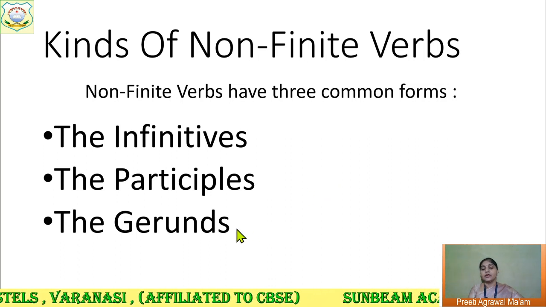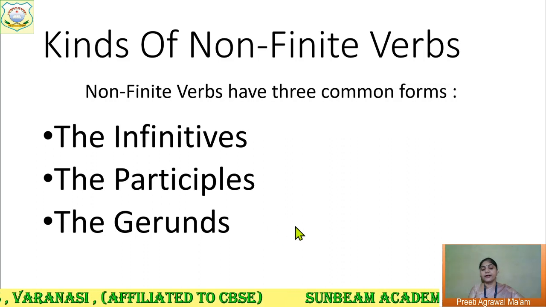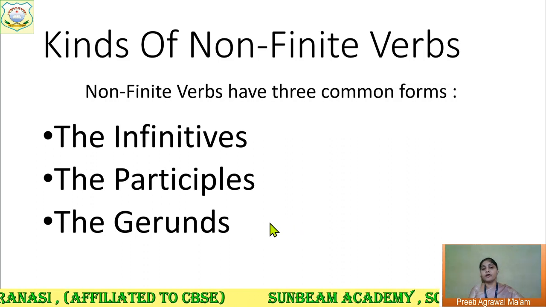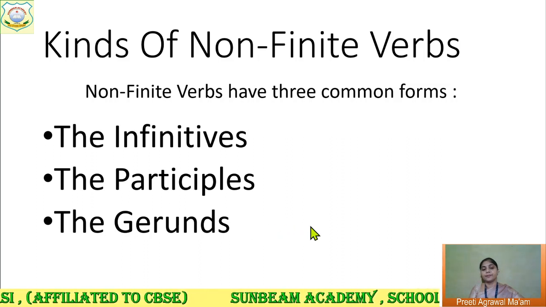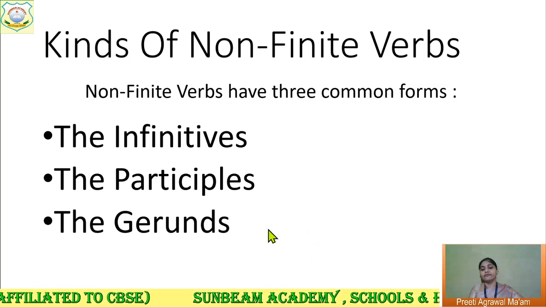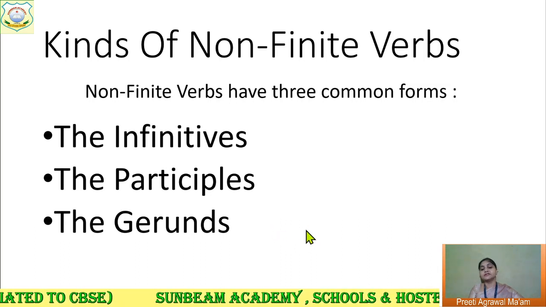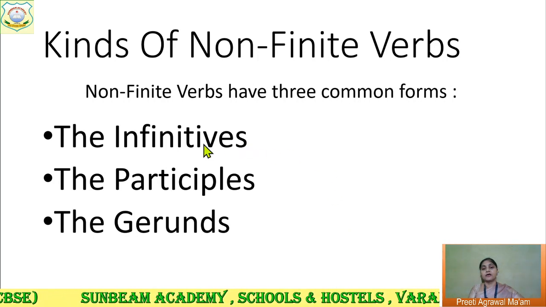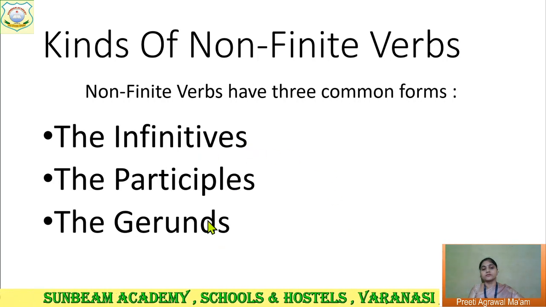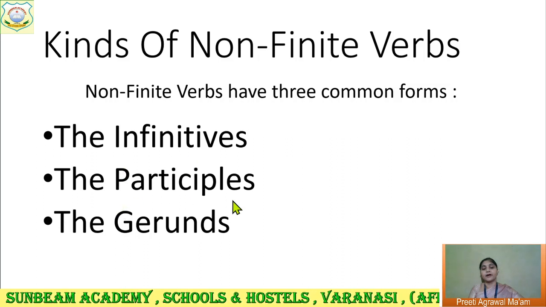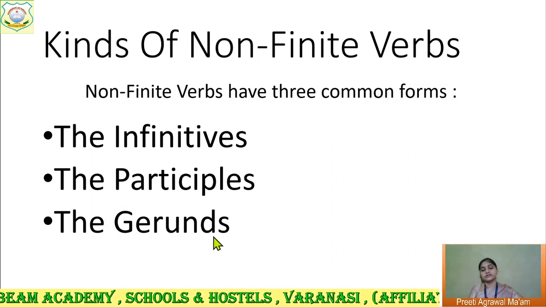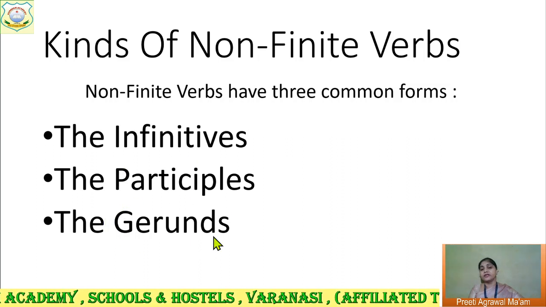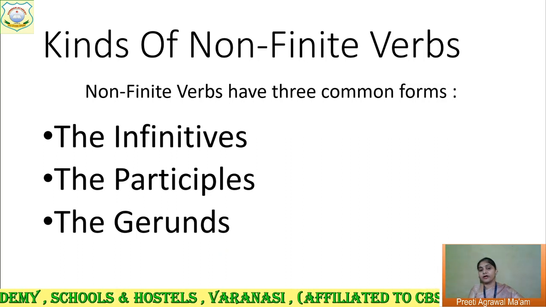Gerunds we write with the first form of the verb plus ing: V1 plus ing. Clear? So these are your three common forms: the infinitives, the participles, and the gerunds. Where are the students confused?